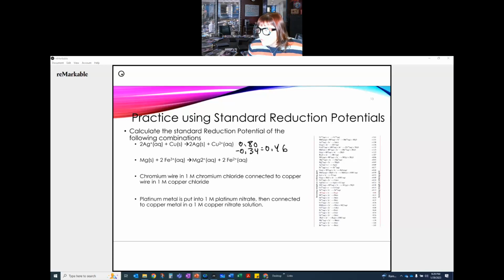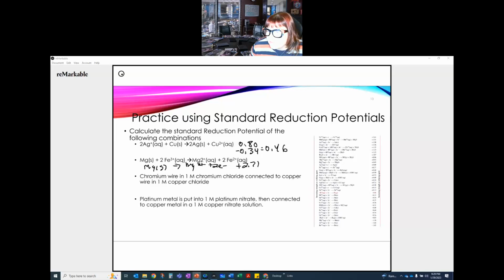My table is over on the other screen, sorry. So I have Mg solid going to Mg2+ plus 2 electrons, which is the reverse, so it's the oxidation. That oxidation is 2.71.